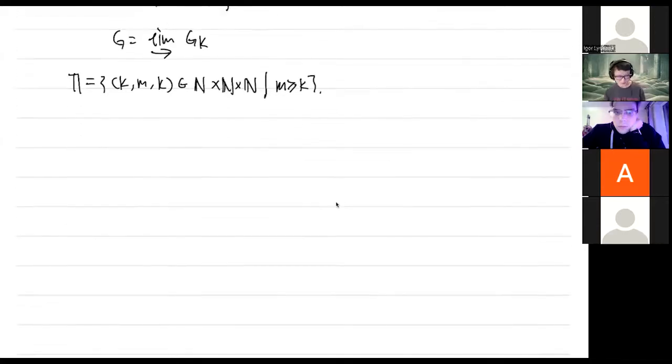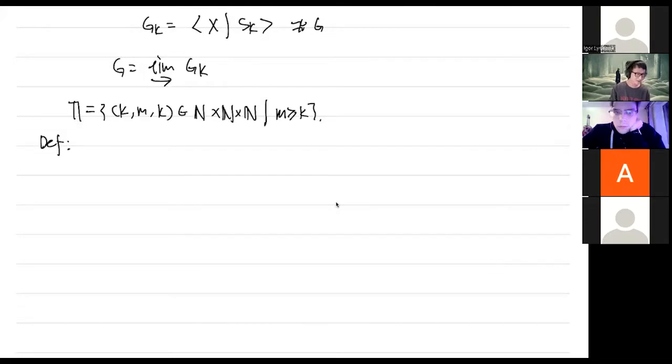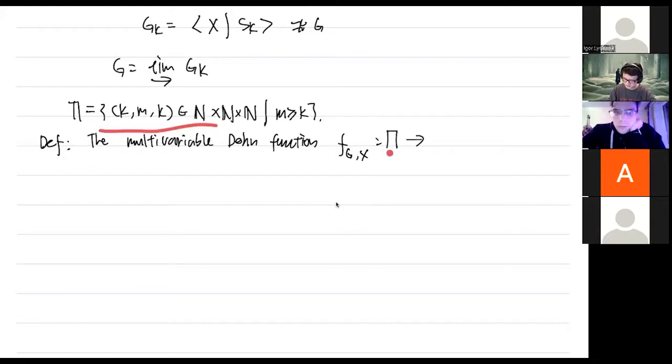We define what I think is called a multivariable Dehn function, associated with the generating set, from the triples to the set of natural numbers, for a finitely generated group G, where this value at (k, m, n) is equal to the maximum area.